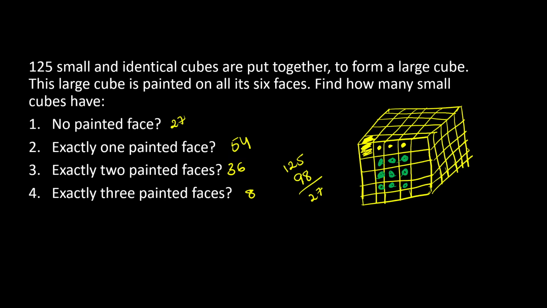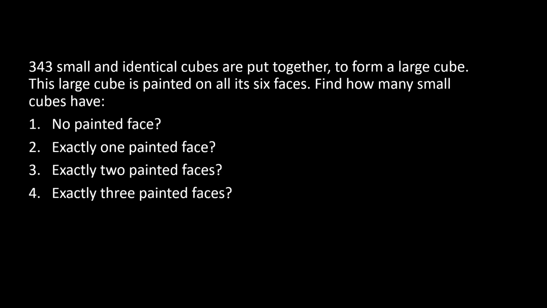Now, let us try to generalize this. Once we generalize this, we can draw a formula. For N cubes, no face painted, exactly one face painted, exactly two faces painted, three faces painted.